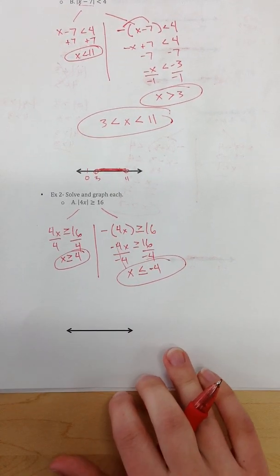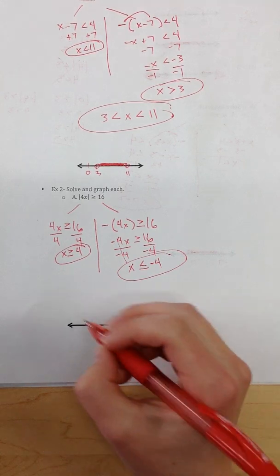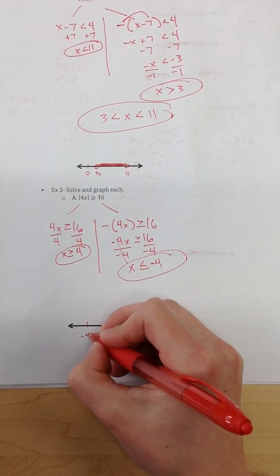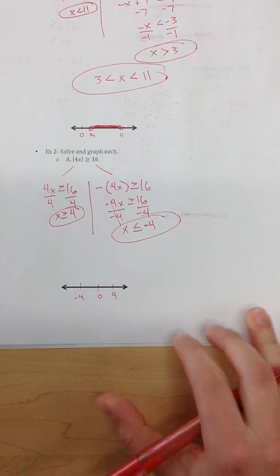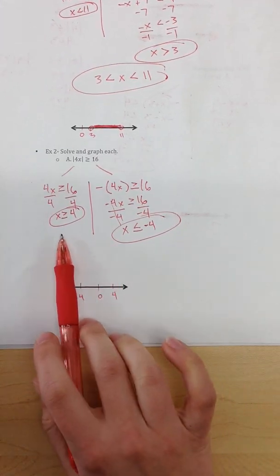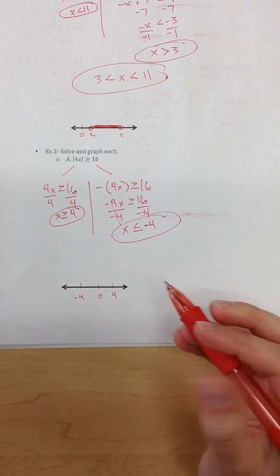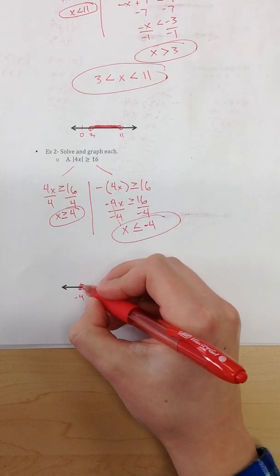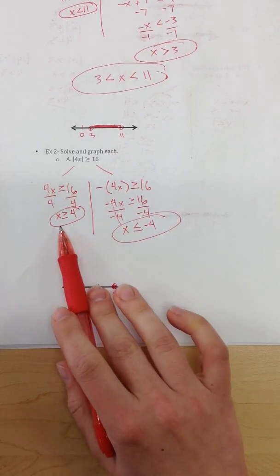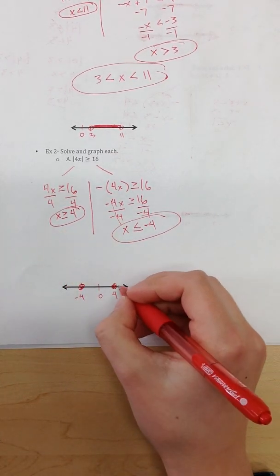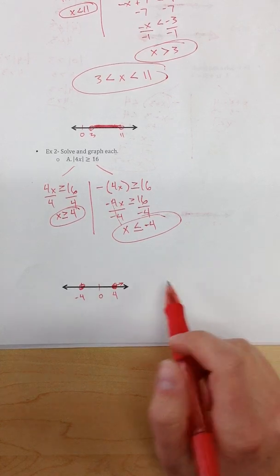And then when I go to graph this, I would have negative 4, 0, and 4. So these ones are going to be solid or filled in circles here because they're both equal to. And then I want numbers that are greater than or equal to 4. So bigger than 4 would be going that way.